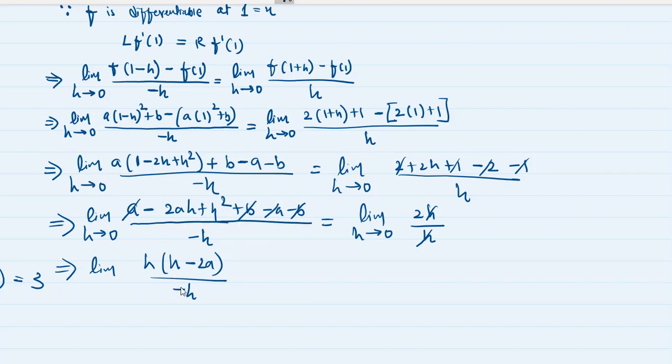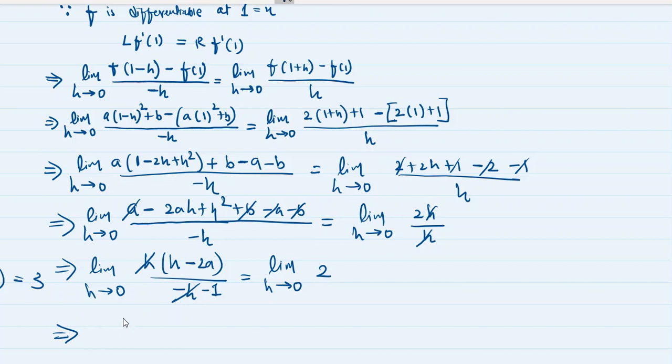Okay, h minus 2a, everything seems fine. This gets cancelled, this is minus 1, h tends to 0, this is equal to limit of when h tends to 0 of 2.